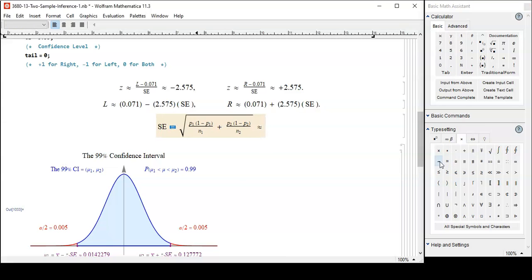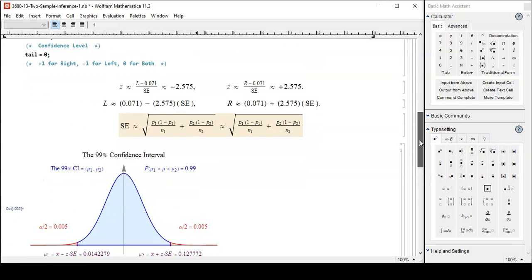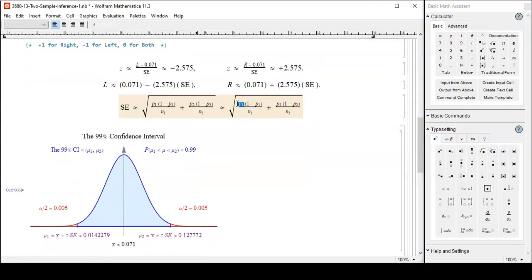Nothing is accurate in statistics, so it should be approximately equal all the time. Oops, wrong key. And this one was, I forgot, 0.38.